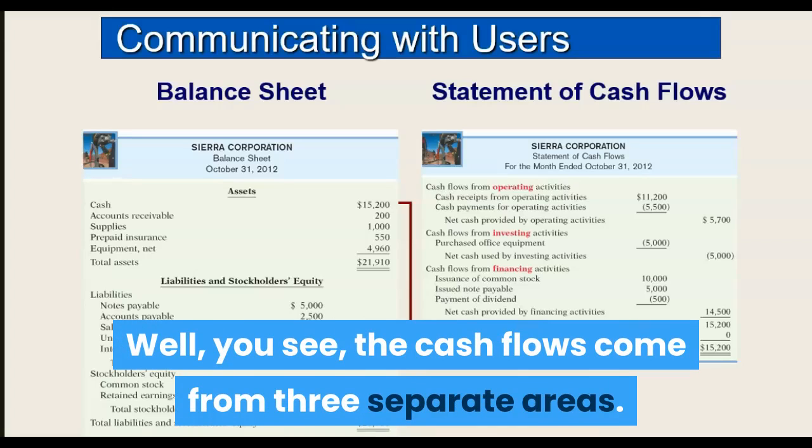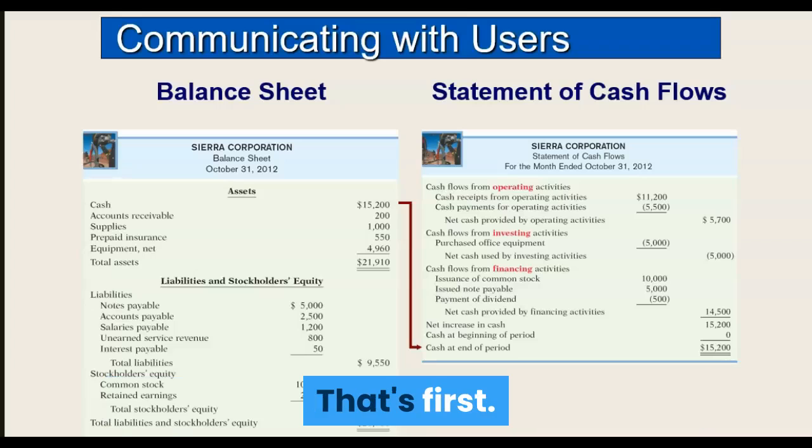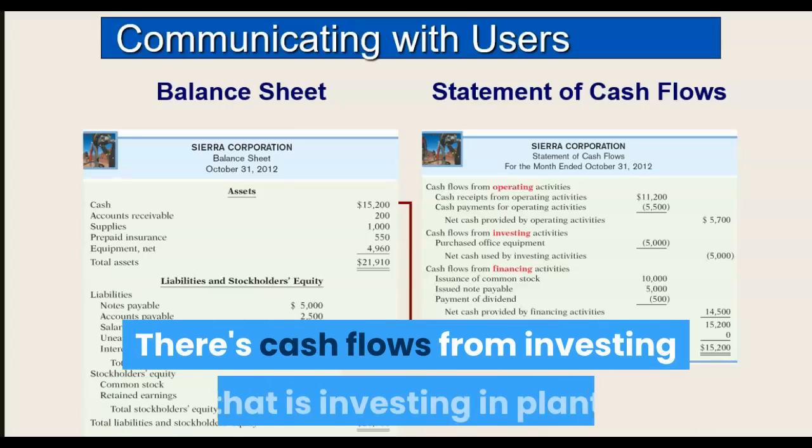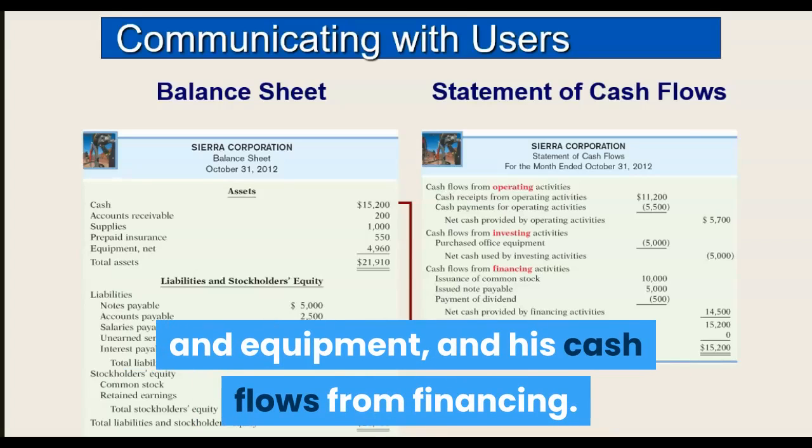Well, why do we have that? Well, you see, the cash flows come from three separate areas. There's cash flows from operations, that's first. There's cash flows from investing, that is investing in plant and equipment. And there's cash flows from financing.